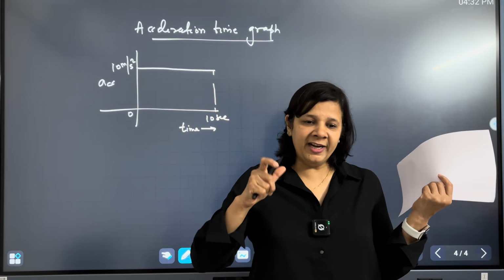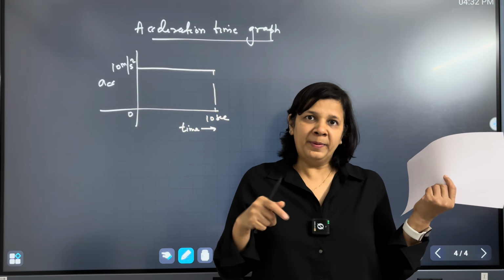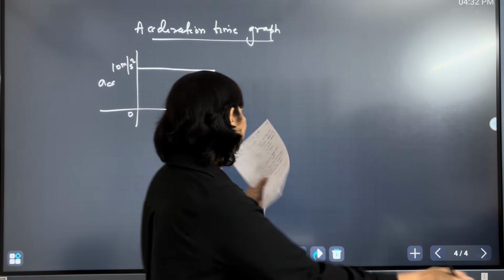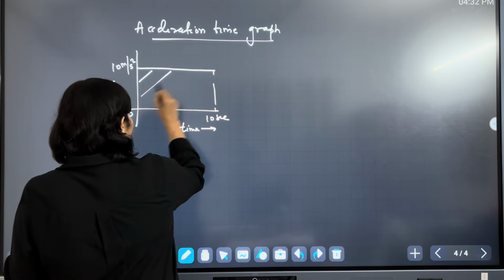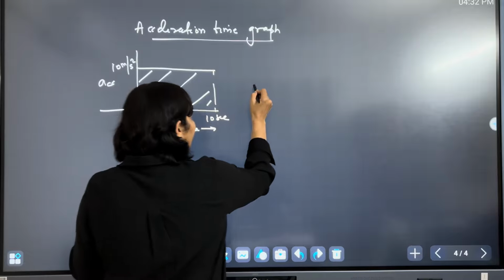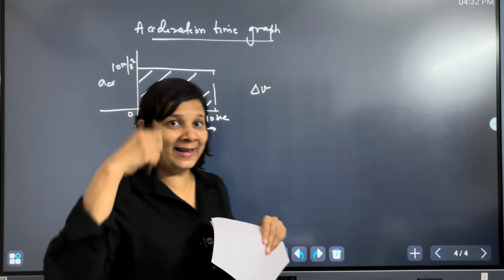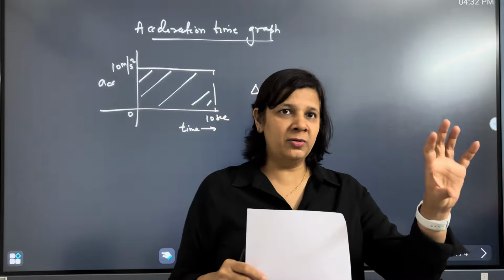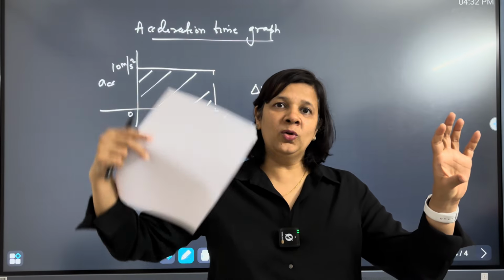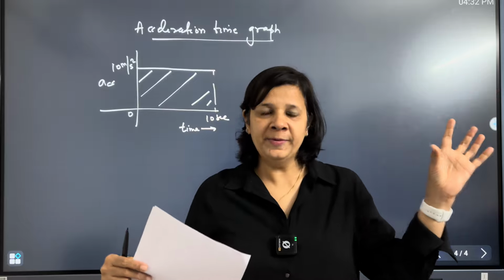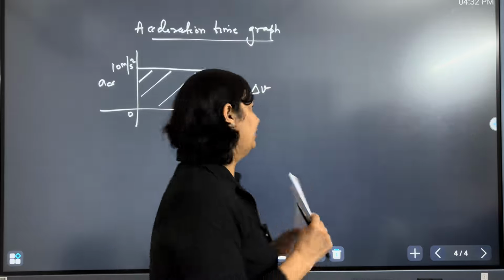It means rate of change of velocity per second is 10 meter per second. Okay, so now area under this curve will give you what? Change in velocity, because acceleration is, average acceleration is rate of change of velocity. So acceleration is equal to delta V over delta T. So acceleration into time, right? That will give you change in velocity.